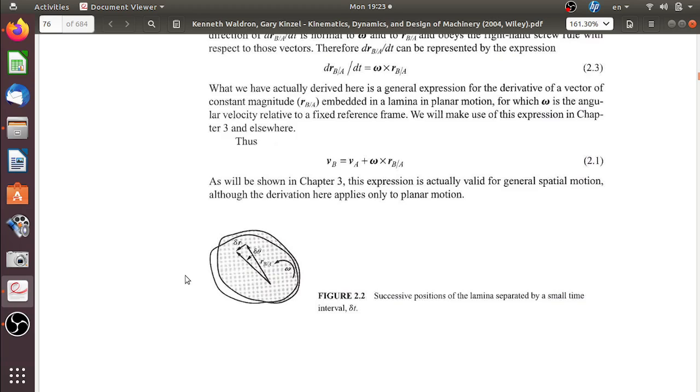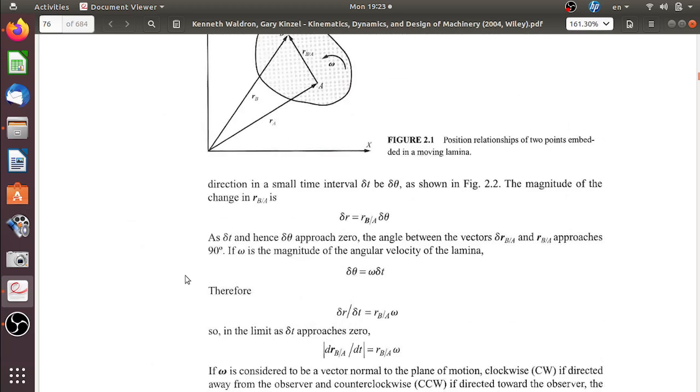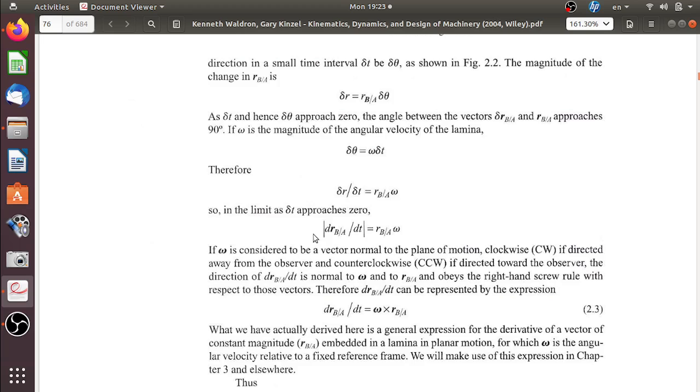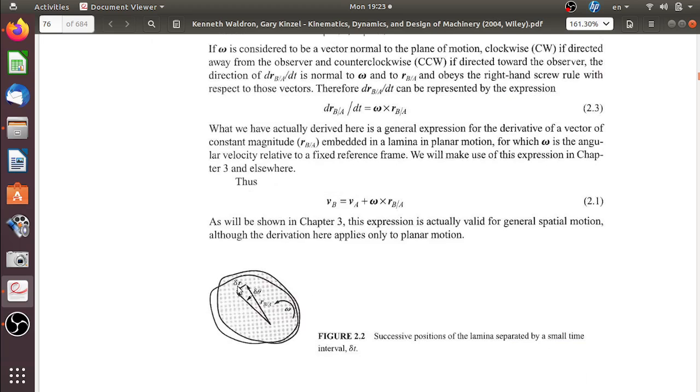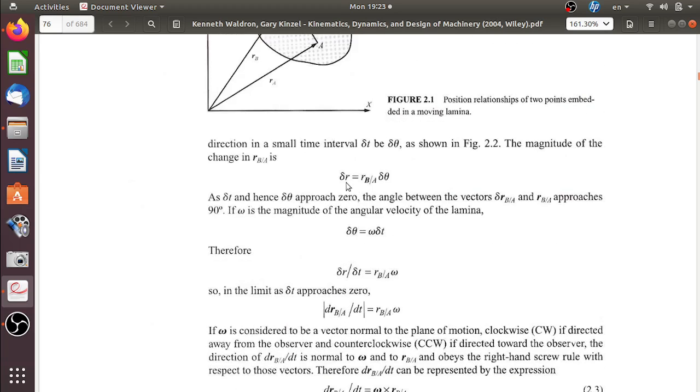Now with this understanding, let's go to this equation. Delta r, the magnitude of this vector, is equal to the magnitude of RB/A times delta theta. So this r actually represents a magnitude, not the vector.